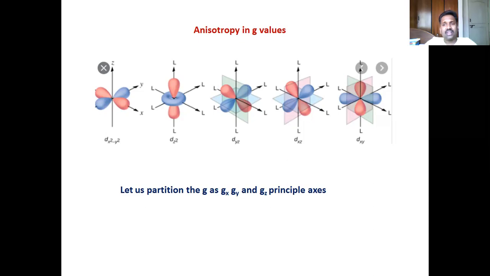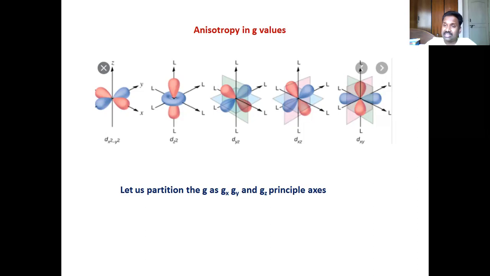Why is it a symmetrical field? Because you have 2 ligands along every axis. You have 2 ligands along the x-axis, 2 ligands along the y-axis, 2 ligands along the z-axis. So the G, which we have partitioned amongst 3 axes, the chemical environment is the same, because the crystal field is spherical.